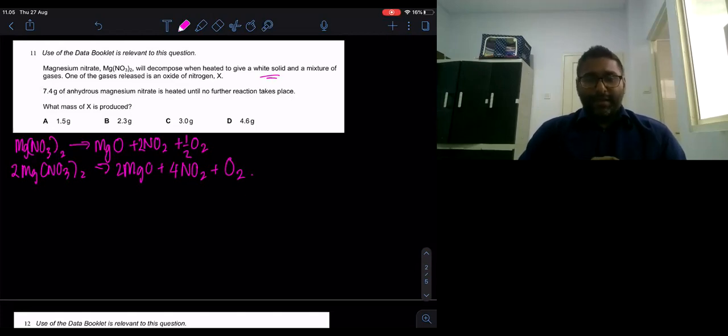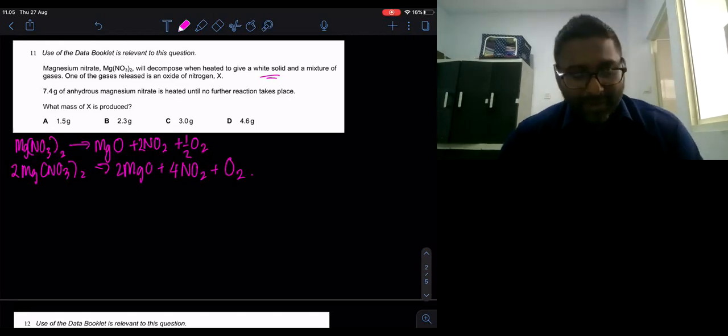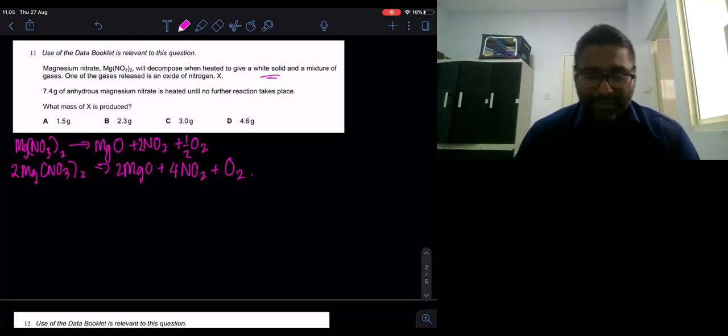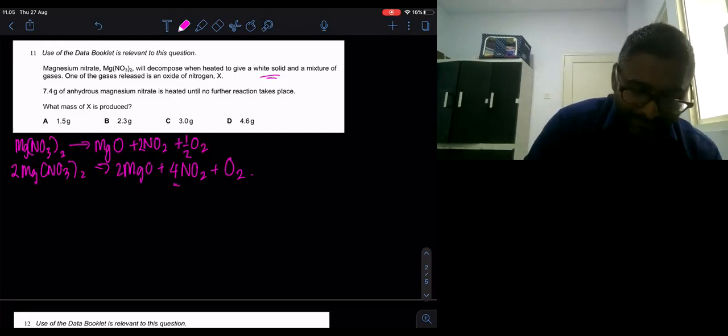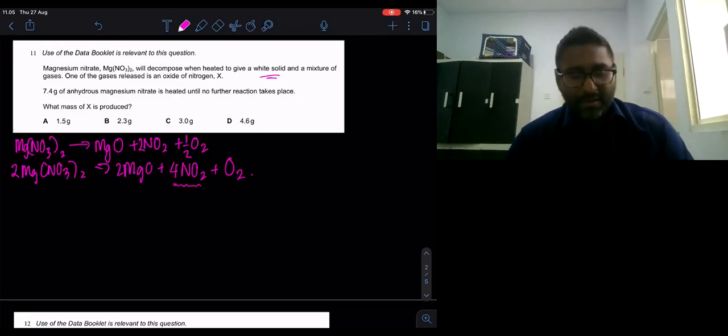Now, once you get this, they say that one of the gas released is an oxide of nitrogen X. So this one is X. They say that 7.4 gram is heated until no further change.